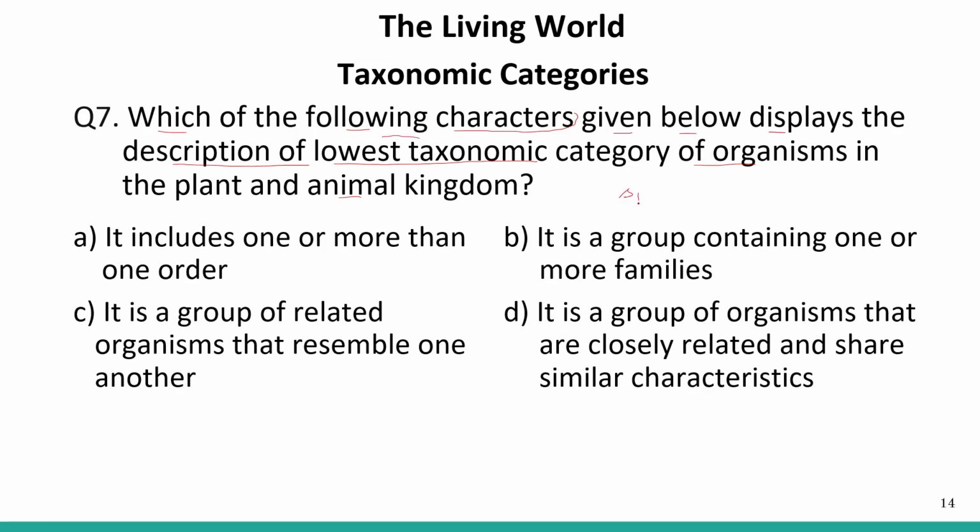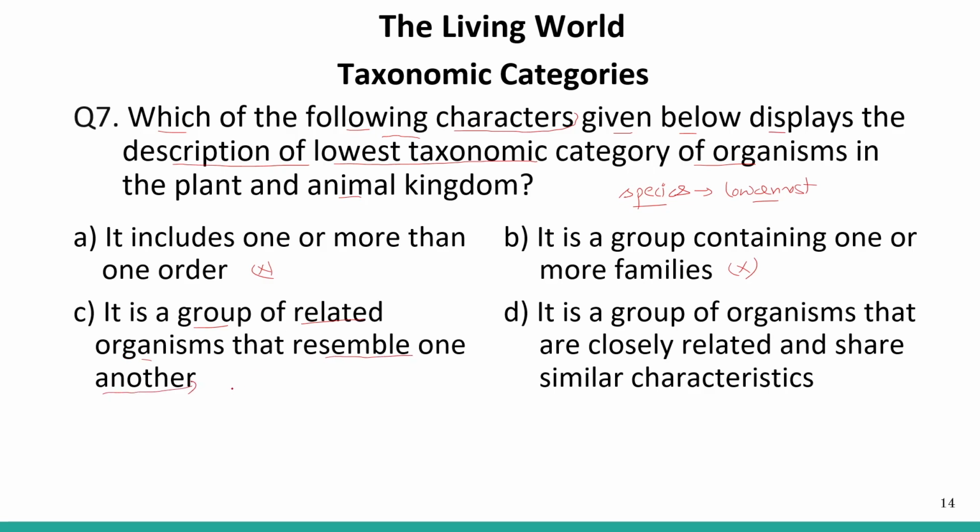Species. Species is the lowermost taxonomic group. So the first option, includes one or more than one order, is not correct. It is a group containing one or more families, again not correct. Now, the next option is it is a group of related organisms that resemble one another.